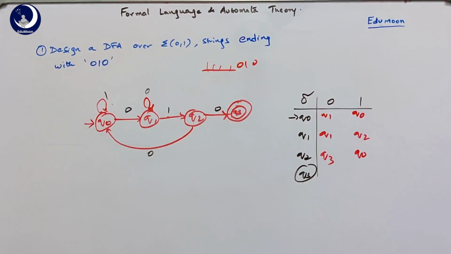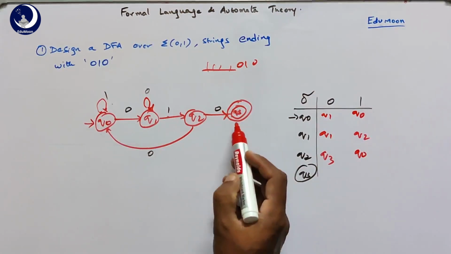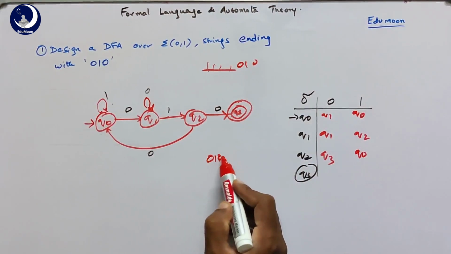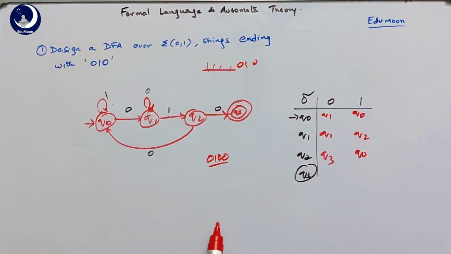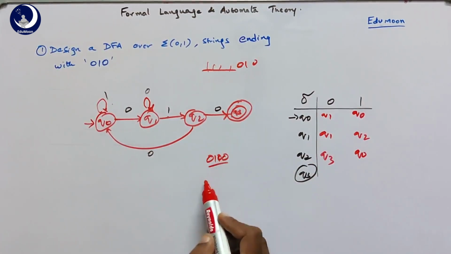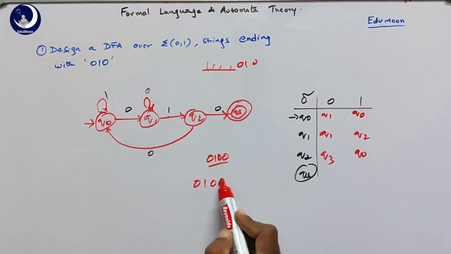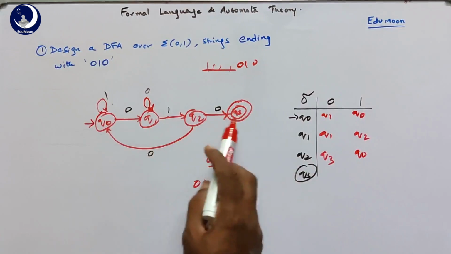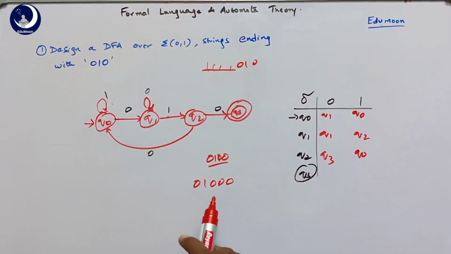Now coming to the final state, q3 on 0. You cannot stay in the final state because then 0 1 1 0 1 0 0 gets accepted, so this is not acceptable. Now if you write q3 on 0 going to q2, again q1 0 0 0 also gets accepted as it comes forward, so this is also not accepted by the machine.